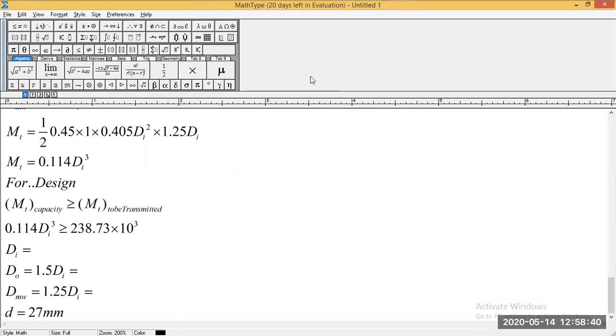Anybody got di? Internal diameter is 238.73 E3 over 1.114, and cube root of that.